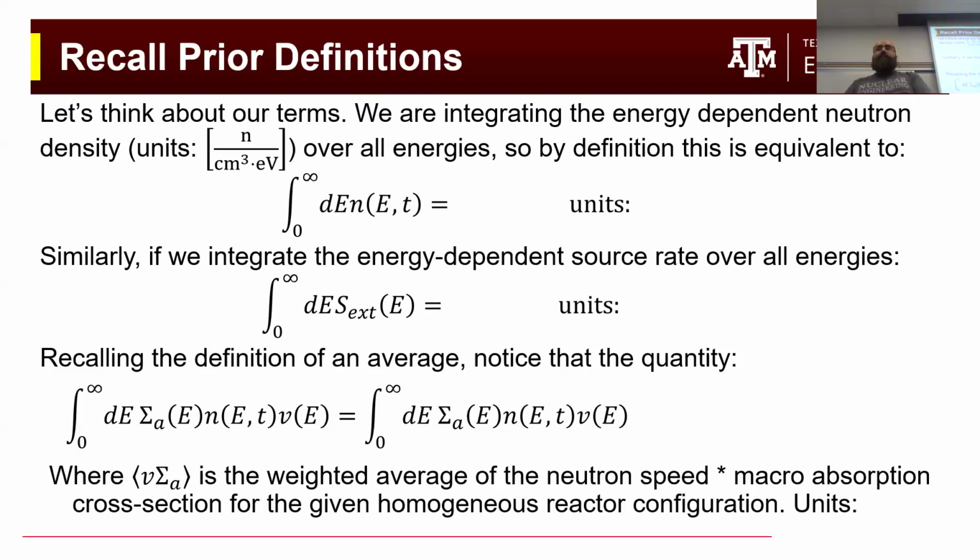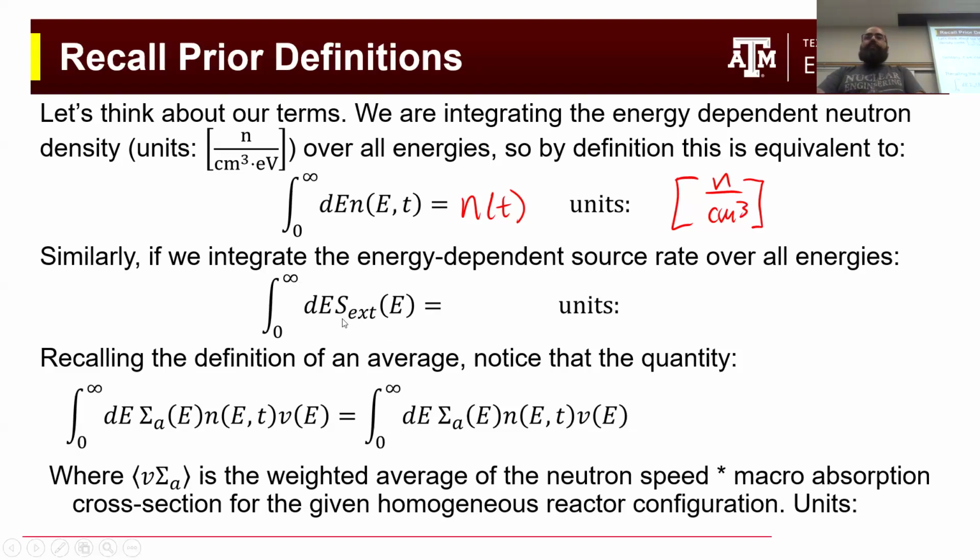And by definition, that's just the neutron density. So it just recovers my N of T, which is the neutron density that we were thinking of when we had one group diffusion theory. So now it has units of neutrons per unit volume. The density is just per unit volume now.